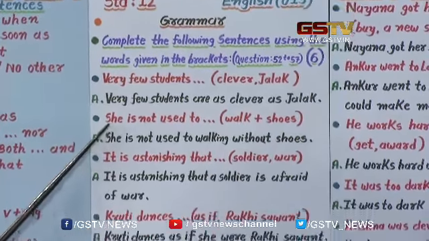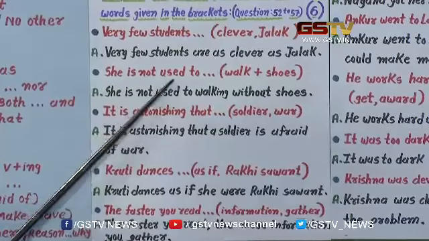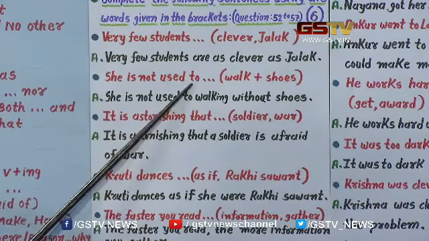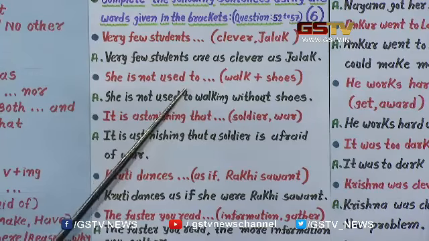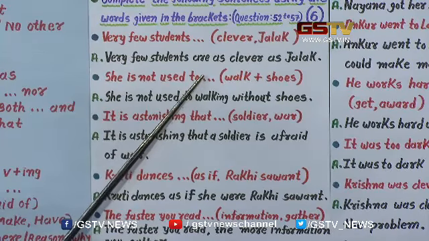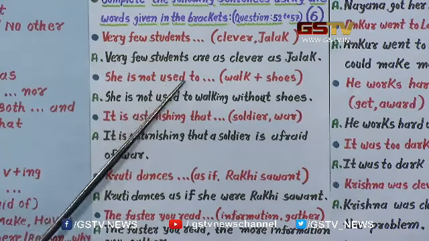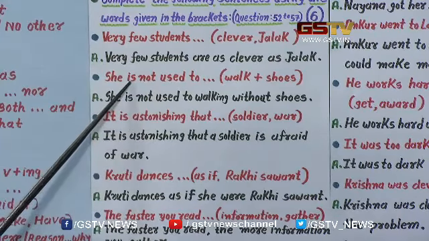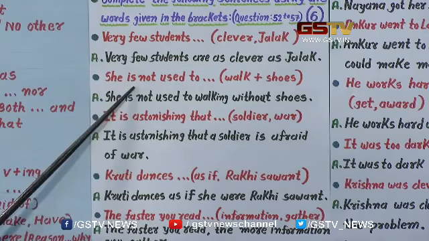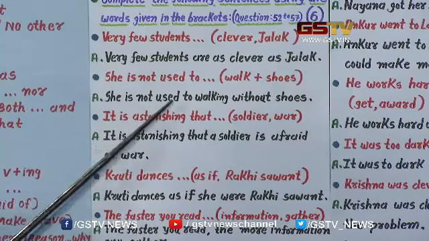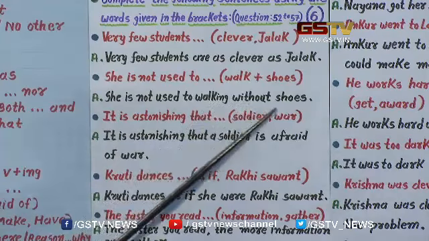Second one is, she is not used to. Used to, here is "to", and after "to" usually, as we know, we use a plain verb, but here before "used to" the form of to be is there, that is why the answer should be: she is not used to walking without shoes.